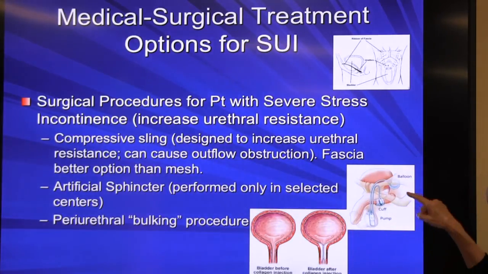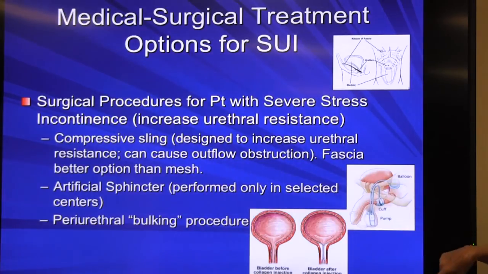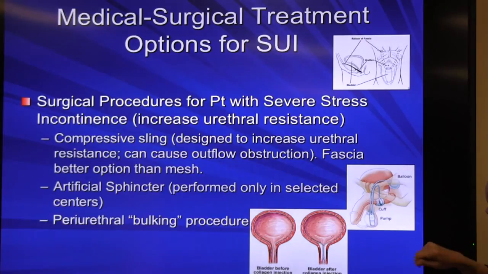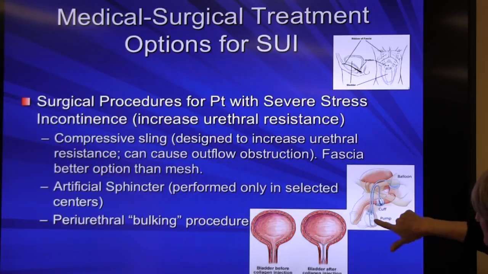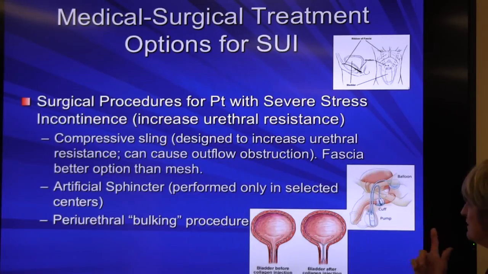Artificial sphincter. So here's a diagram of the artificial sphincter. It's a cuff that's wrapped around the urethra. Then there is a reservoir that's in the abdominal or pelvic cavity. And then there's a pump mechanism that's placed either in the scrotal sac or in the labia.